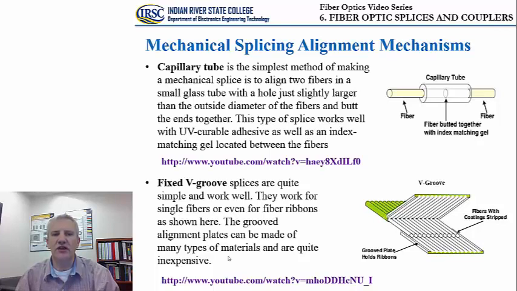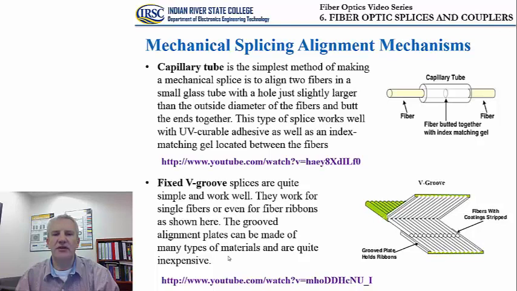There's also a YouTube video link here that I would strongly advise you to watch to get a better feeling of what we are talking about here. Another technique is the so-called fixed V groove, where we are basically working with single fibers or even fiber ribbons. So you can do a splicing of a group of fibers at the same time.